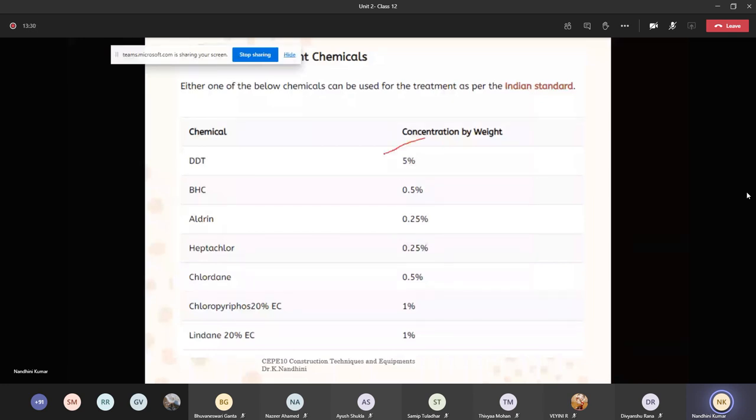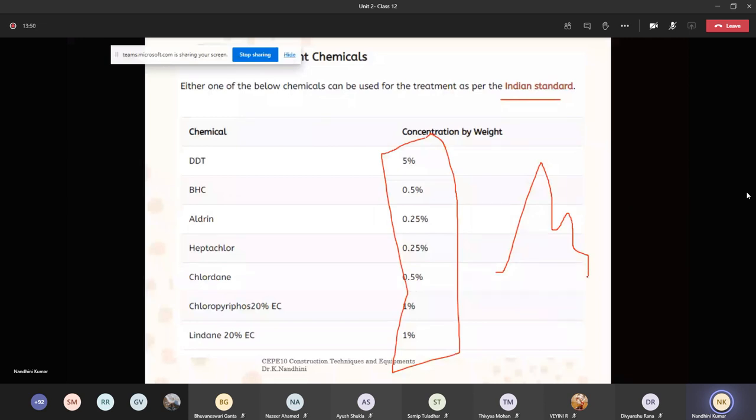These are the allowable limits of concentrations as suggested by the Indian Standards. This concentration you can mix with water and utilize at your work site. Not only at your work site, if you find any wound type or heaps of termites anywhere, you can just eradicate them.